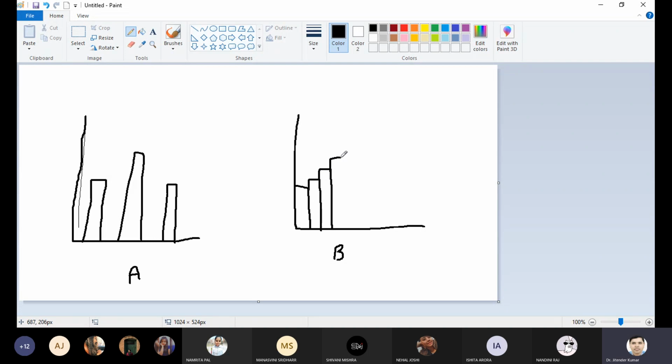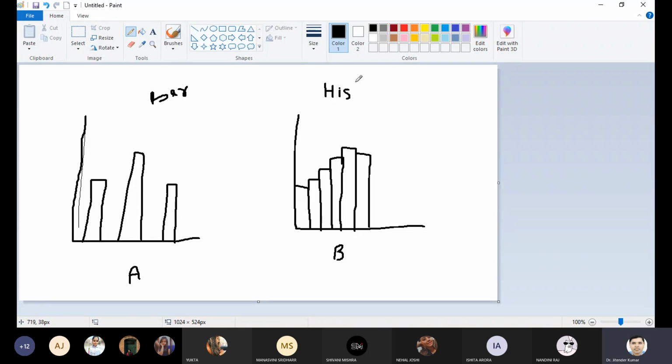Who will tell me which one is the bar graph and which one is the histogram? A is the bar graph and B is the histogram. Okay. So A is bar graph and B is histogram. All right.